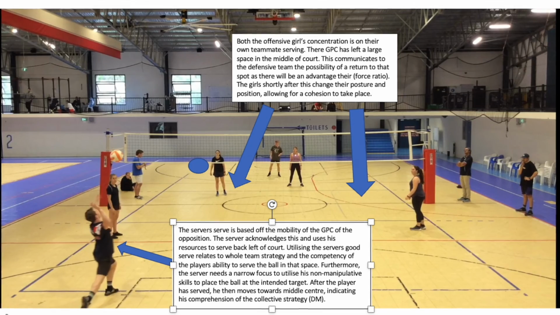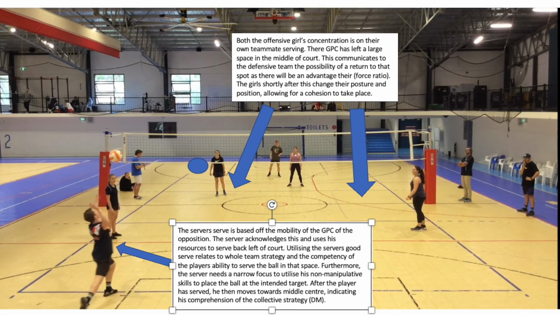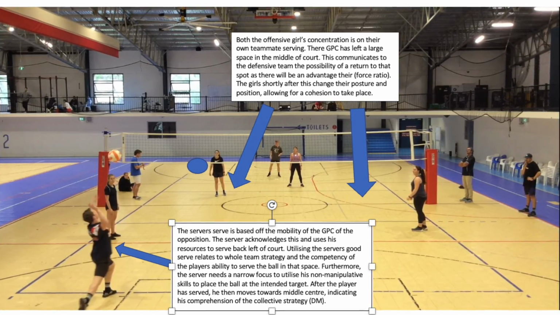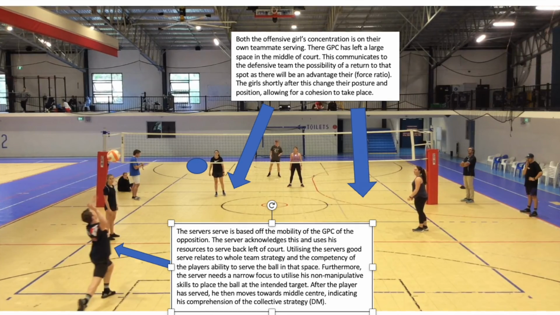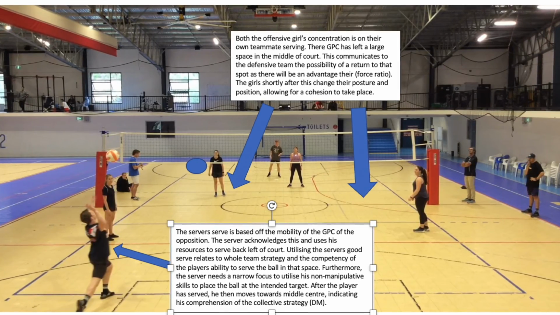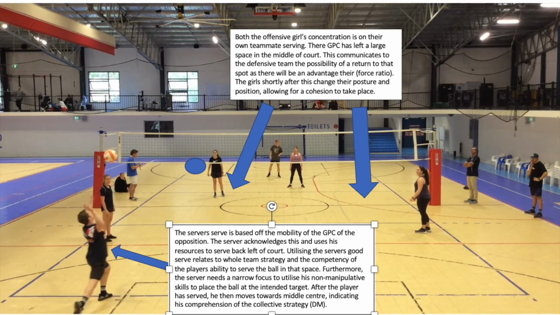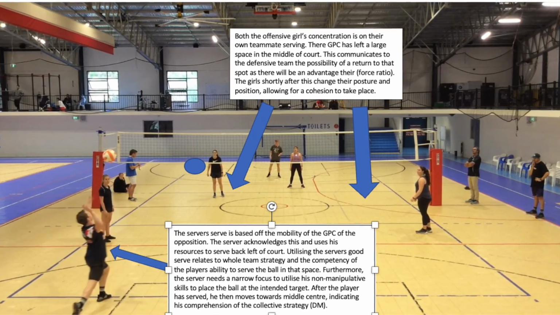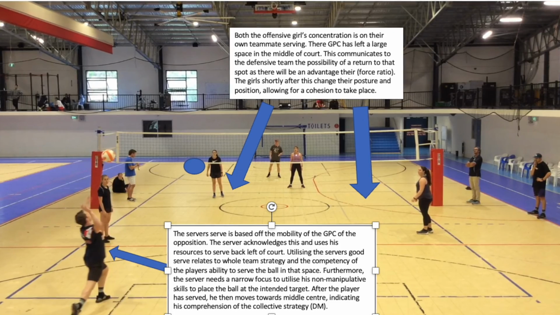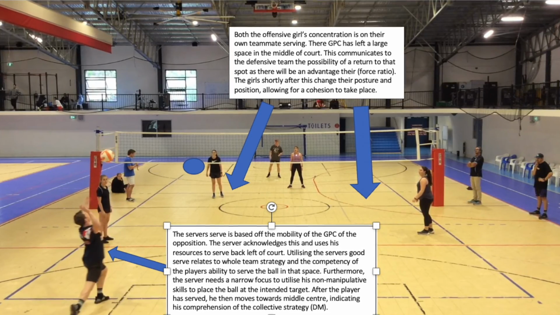The server's good serve relates to whole team strategy and the competency of the player's ability to serve the ball in that space. Furthermore, the server needs a narrow focus to utilise his non-manipulative skills to place the ball at the intended target.